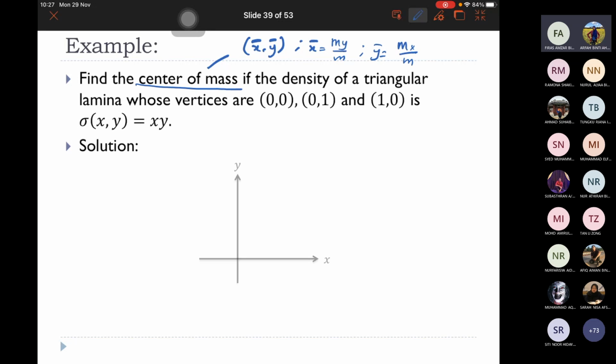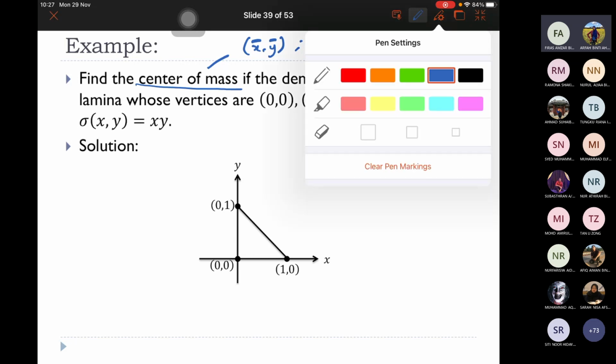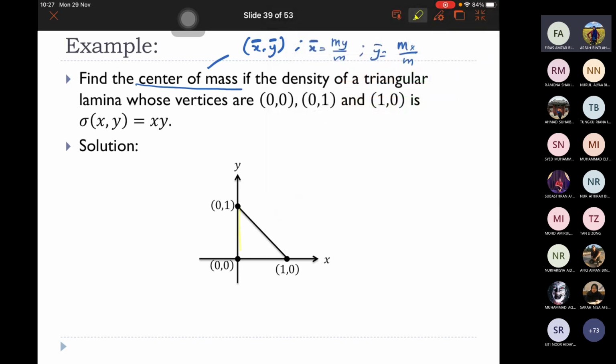Okay. So from here kalau awak lukis akan dapat dekat sini adalah dia punya drawing. Okay. So you get this is the area that we are interested. So ini adalah dia punya drawing. Okay.